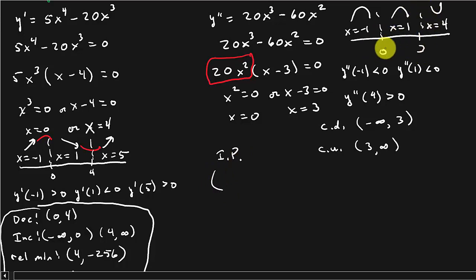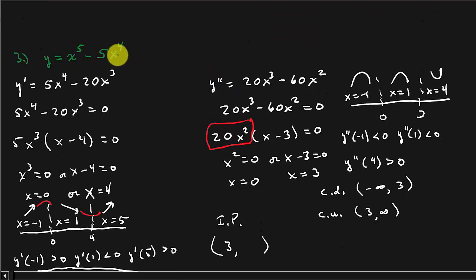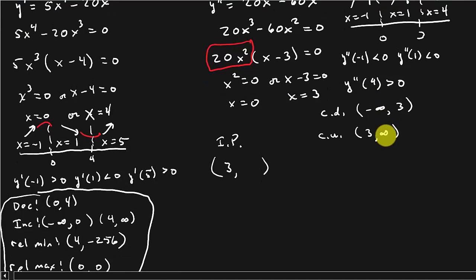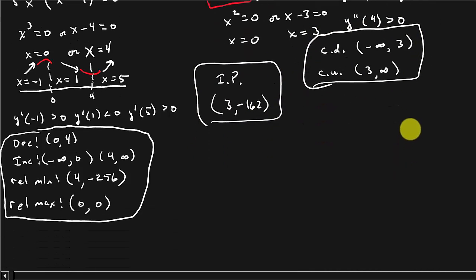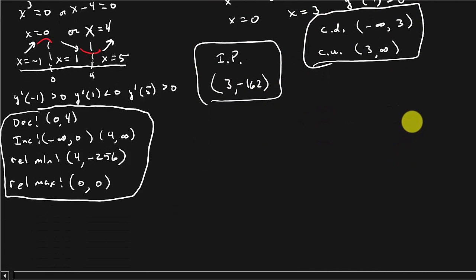It does not change concavity at 0, but it does at 3. So there's an inflection point at 3. And then we've got to take the 3, plug it back into the original. And when we do that, we get negative 162. And so let me circle all of this, because that's the information we're going to use to graph this thing.